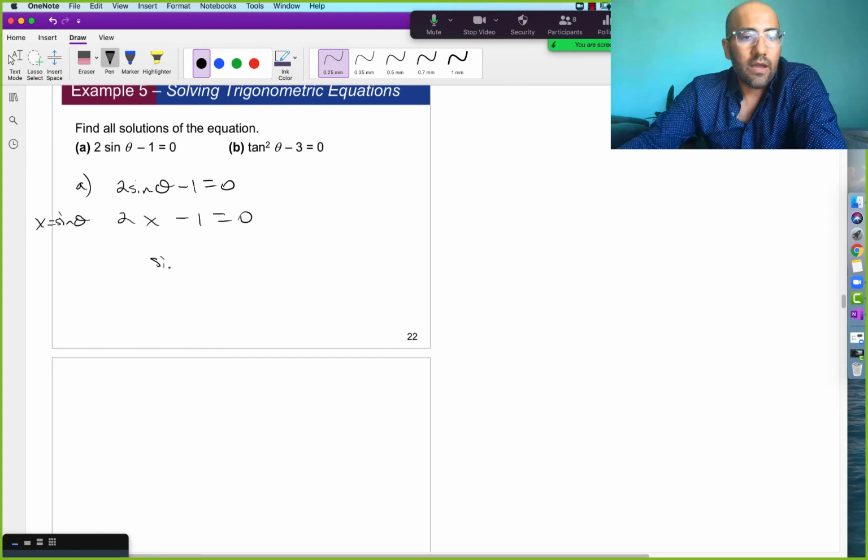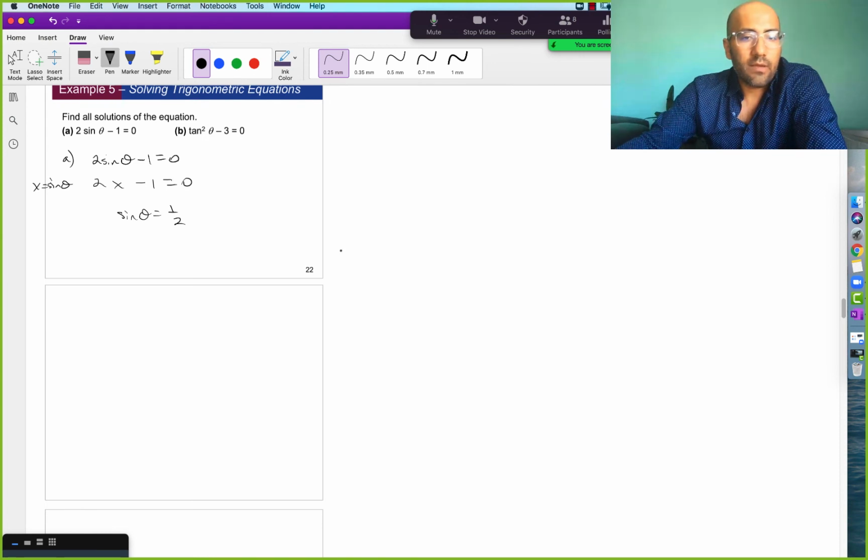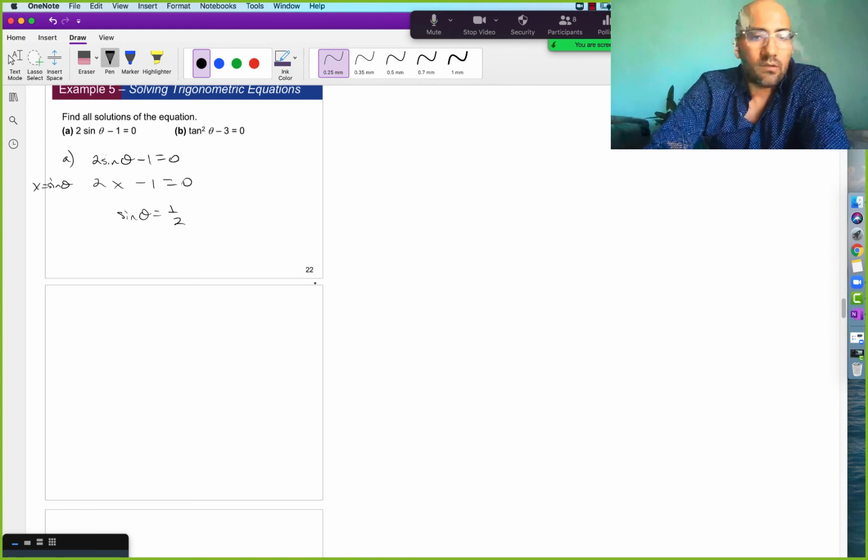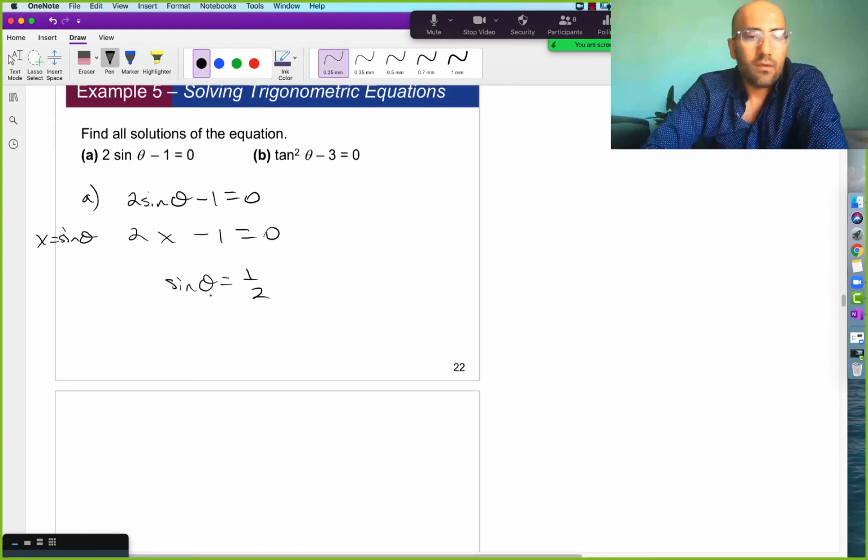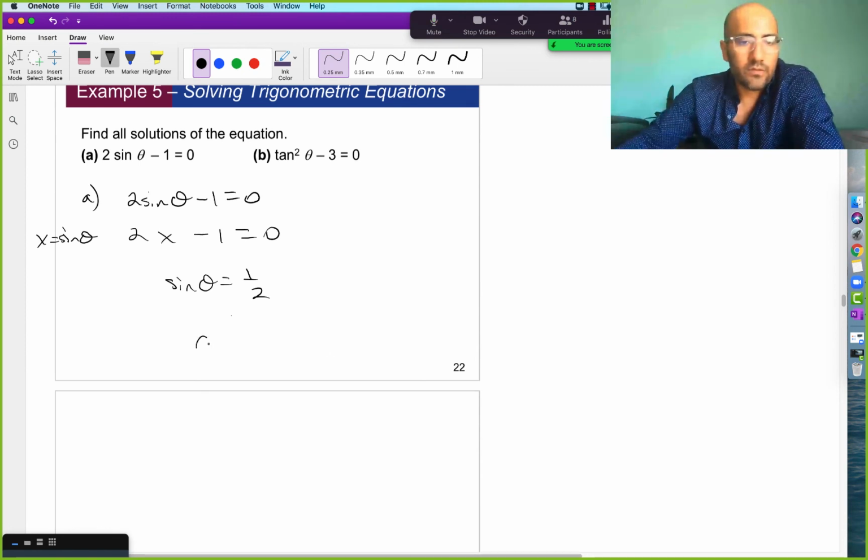So either way, we end up with sine of theta equals 1/2. And we've already dealt with this one. Sine of theta equals 1/2. That's equal to 30 degrees. Right, so theta equals sine inverse of 1/2. And so theta equals 30 degrees.